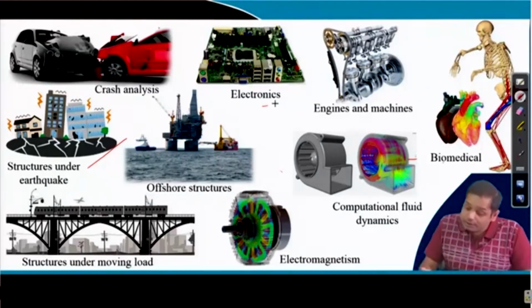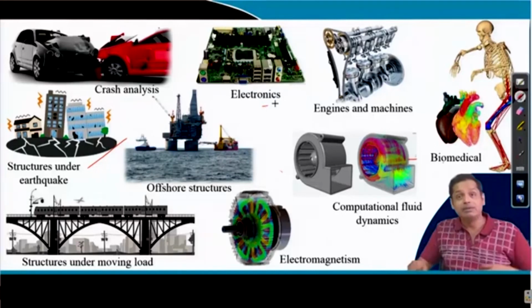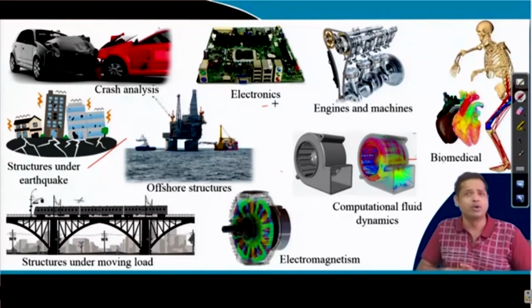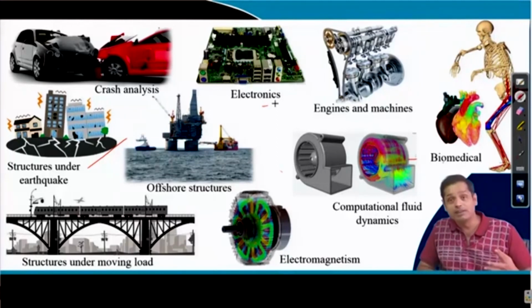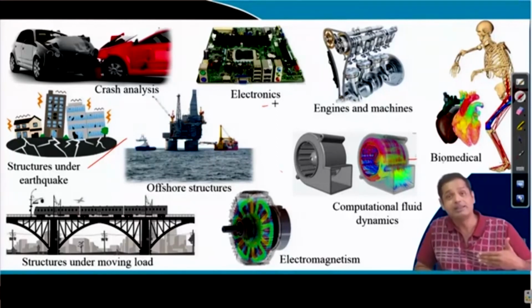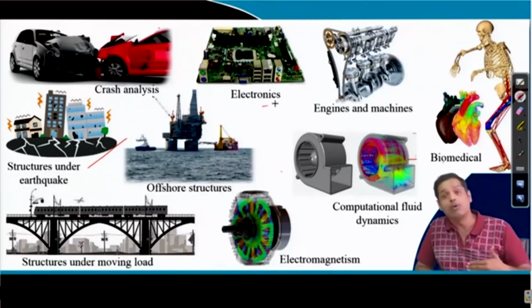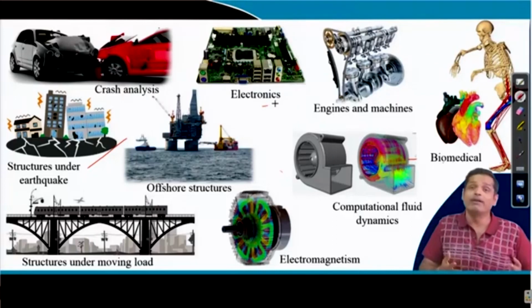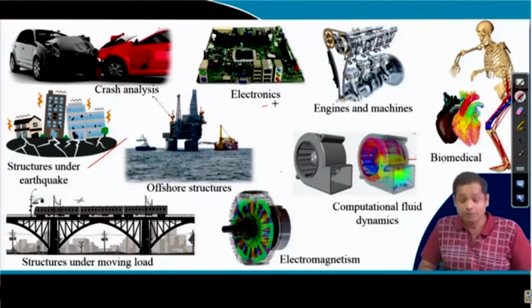Then electromagnetism, and computational fluid dynamics: how the fluid flows in pipe network systems, or suppose a shock wave is generated because of a blast, and the shock wave moves and hits a structure. How does the shock wave move, and once it hits the structure, what damage may it cause?